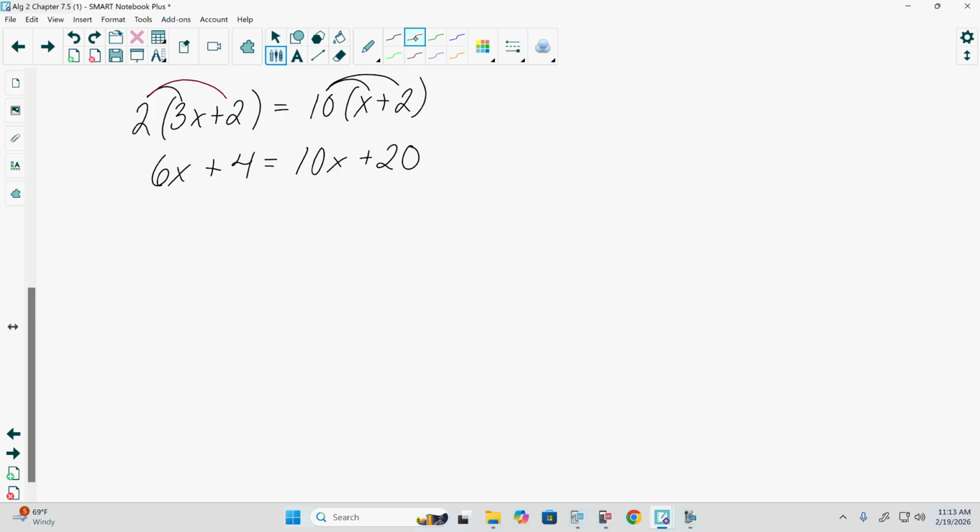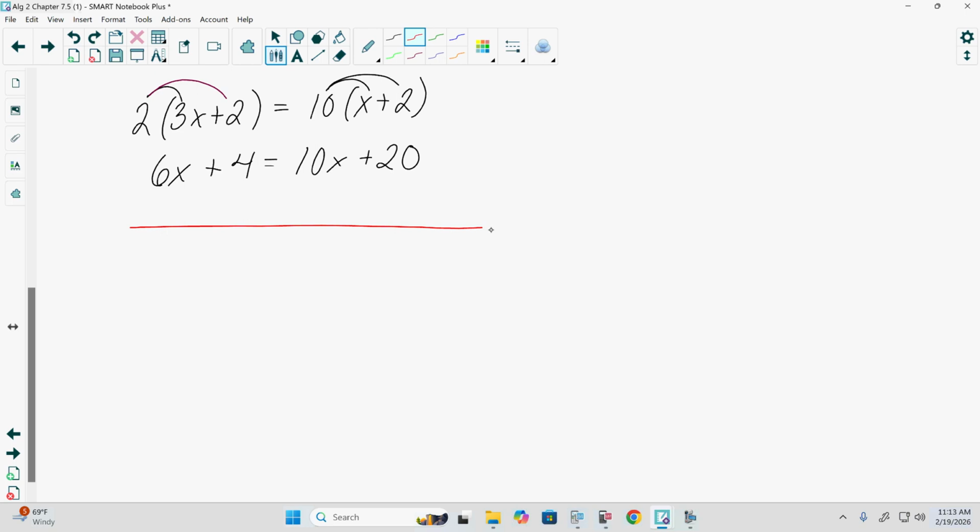We can combine like terms if they're on the same side. But unfortunately, the equal sign in the middle kind of prevents us from just combining. So we will need to use our, I think Ms. Williams calls it diva steps. We need to move our like terms onto the same side.